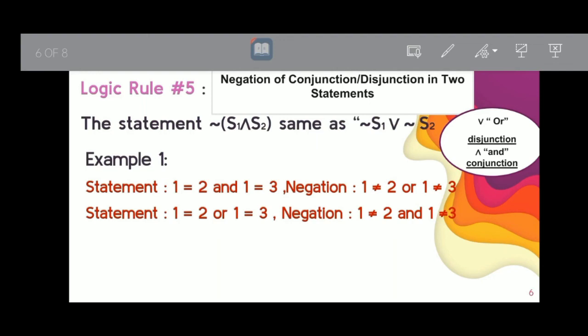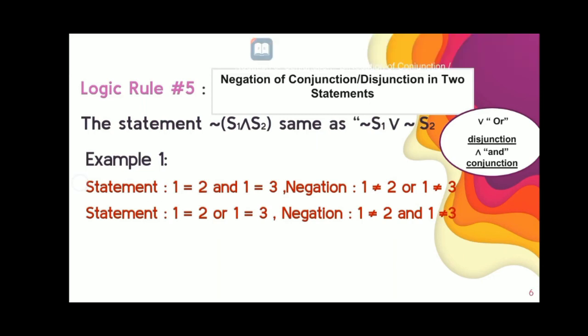If we negate with respect to rule number 5, 1 is not equal to 2, or, since the and changed into or, 1 is not equal to 3. If we negate a disjunction, 1 is equal to 2 or 1 is equal to 3, then with respect to rule number 5, 1 is not equal to 2 and 1 is not equal to 3. So that's it for rule number 5.